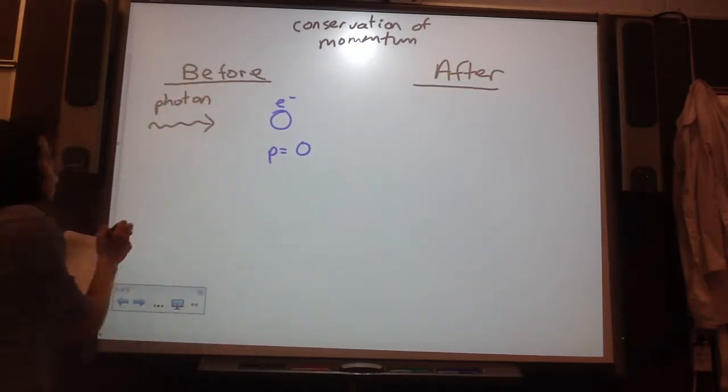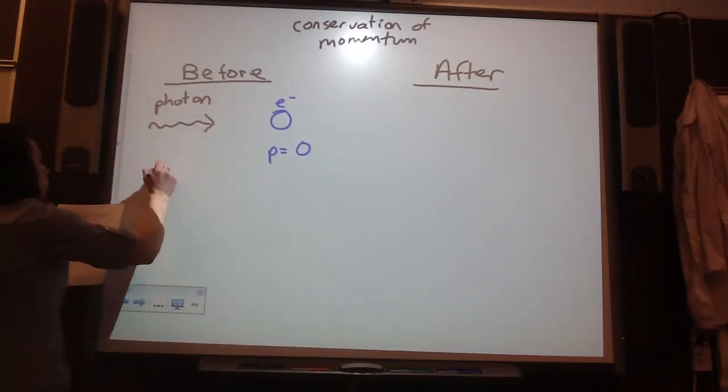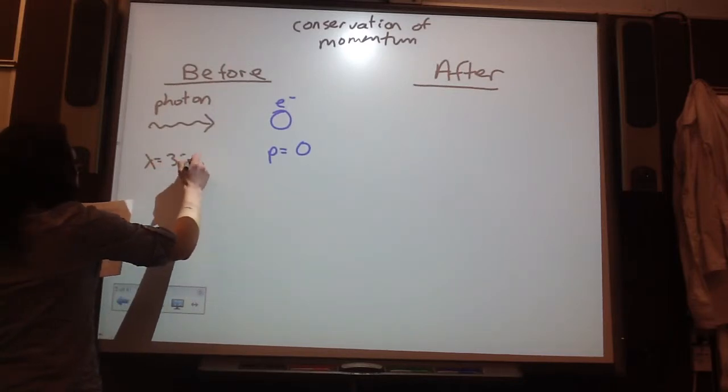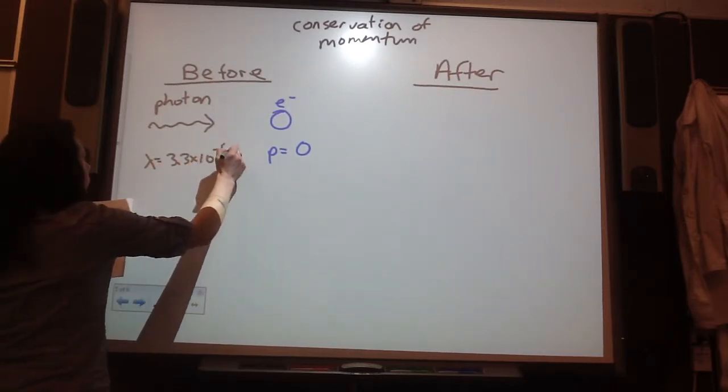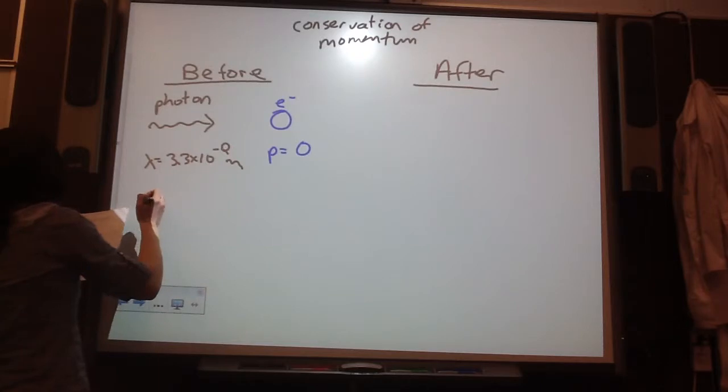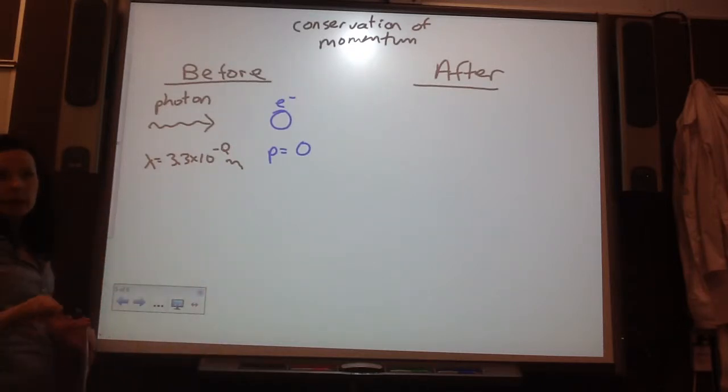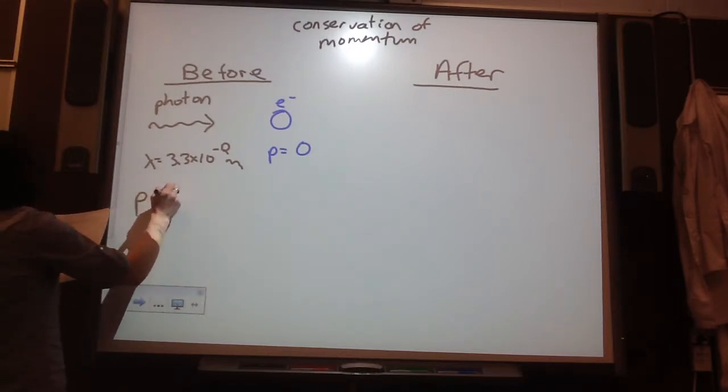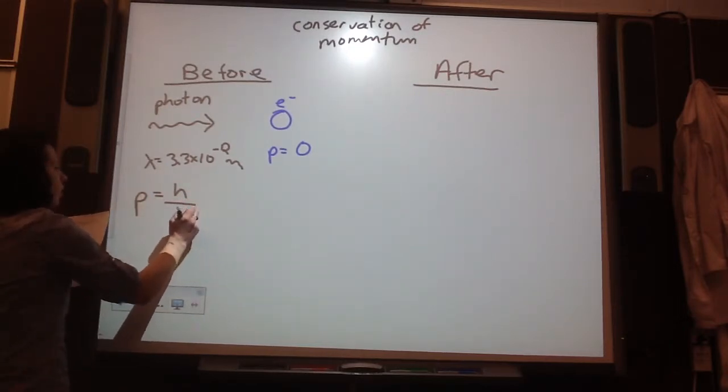But our photon coming in, we're told our wavelength is 3.3 times 10 to the negative 12 meters. So to find momentum of just a wave, and that's all we're given, we can go P is equal to h over wavelength.